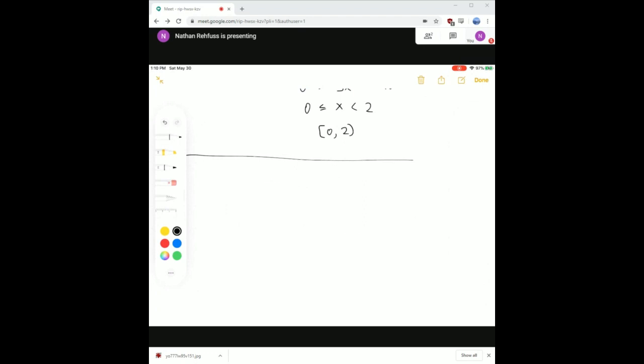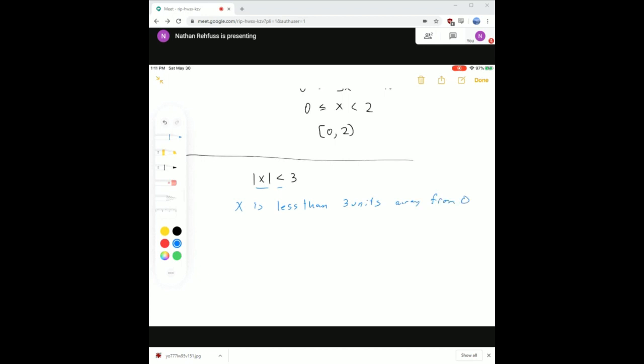So if I say something like this, the absolute value of x is less than 3. Remember I told you that absolute value represents distance. So a way we could write that out is, this is the distance from 0 to x, and this is a less than. So we could say x is less than 3 units away from 0.